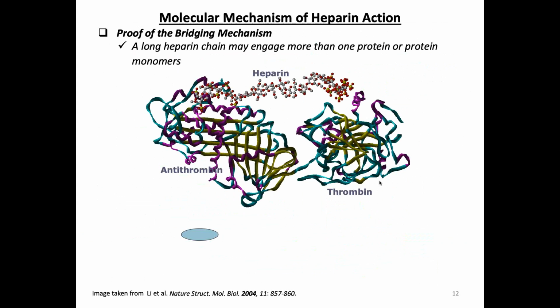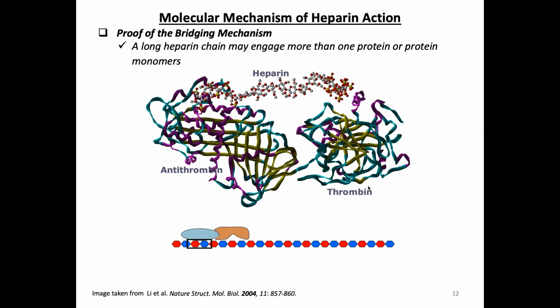So here is what is going on with regard to the bridging. This is antithrombin. Okay? Antithrombin binds to a chain of heparin at the pentasaccharide site. Thrombin binds anywhere along the chain, and then gradually it walks to antithrombin.